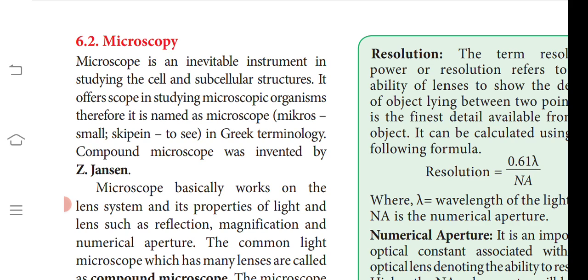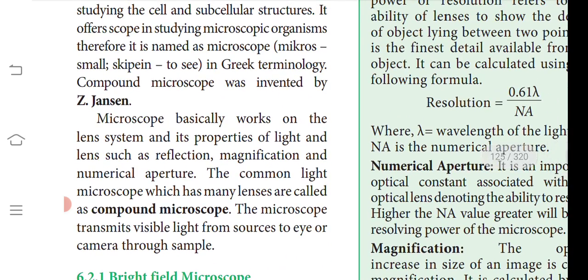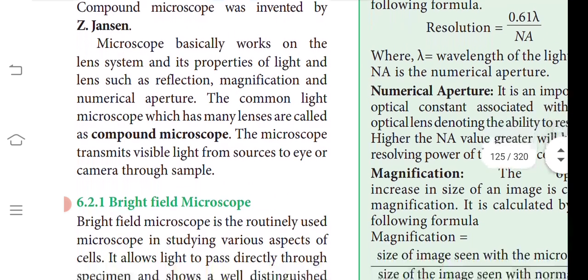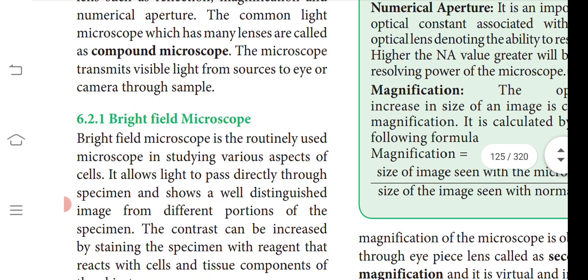The microscope is inevitable, meaning it is an unavoidable instrument in studying the cell and subcellular structures. The compound microscope was invented by Z. Janssen. The microscope which we usually have in our laboratory is the compound microscope. It works on the lens system and the properties of light and lens, such as reflection, magnification, and the numerical aperture.